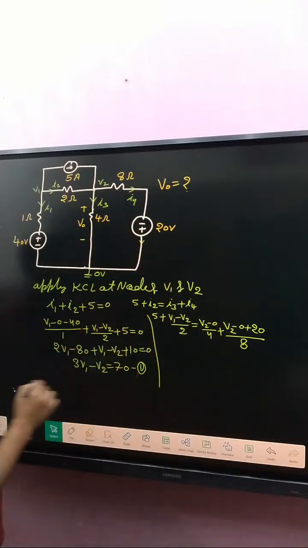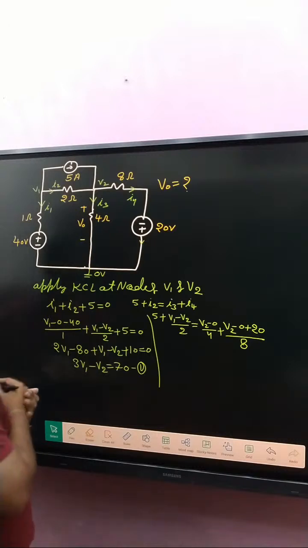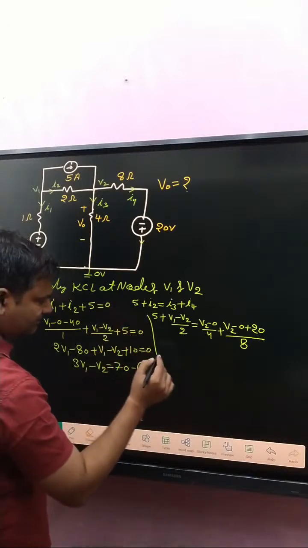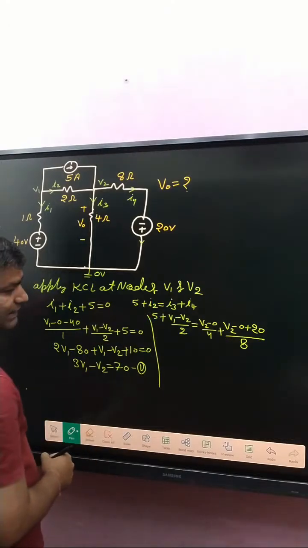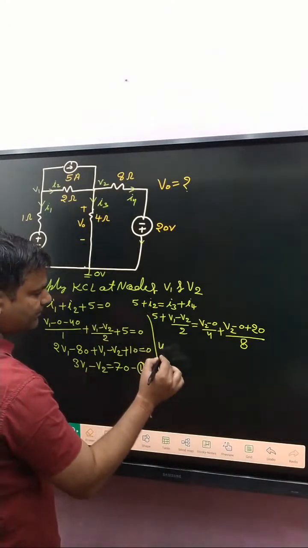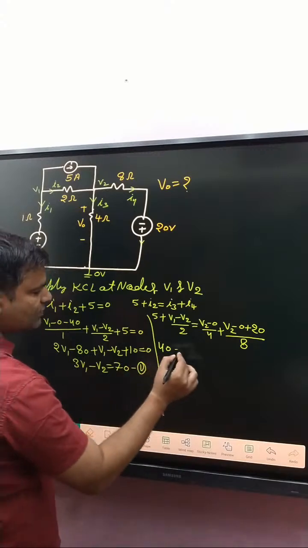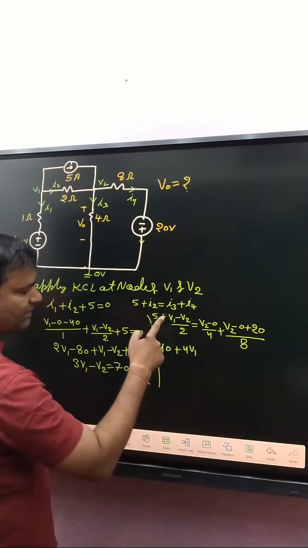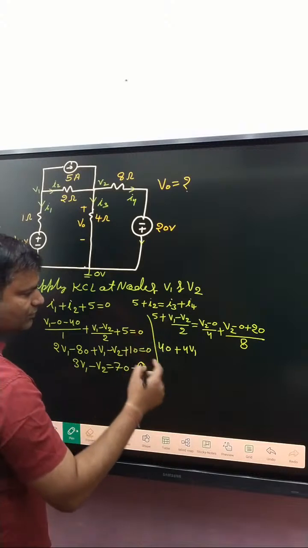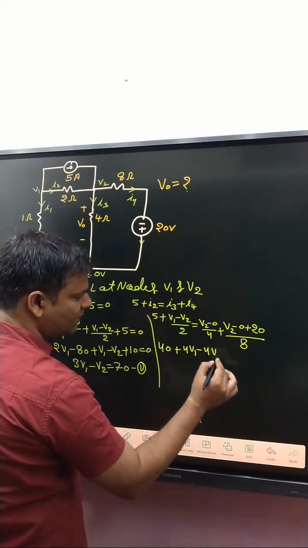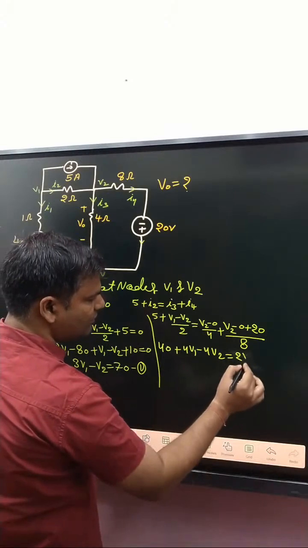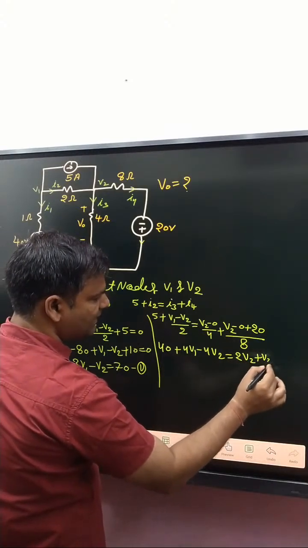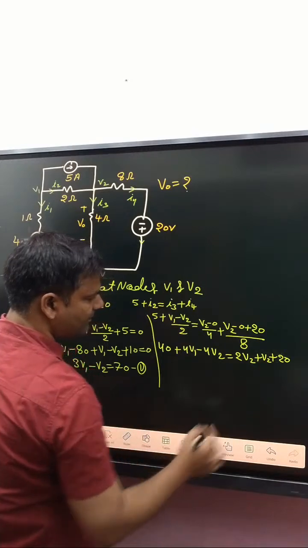Now if we multiply by 8 on both sides, then 5 into 8 is 40, plus 4V1, because 8 by 2 is 4. So 4V1 minus 4V2 is equal to 8 by 4, that is 2V2, plus V2 plus 20.